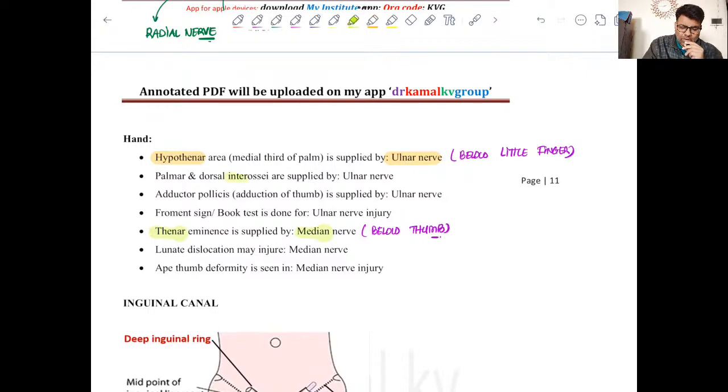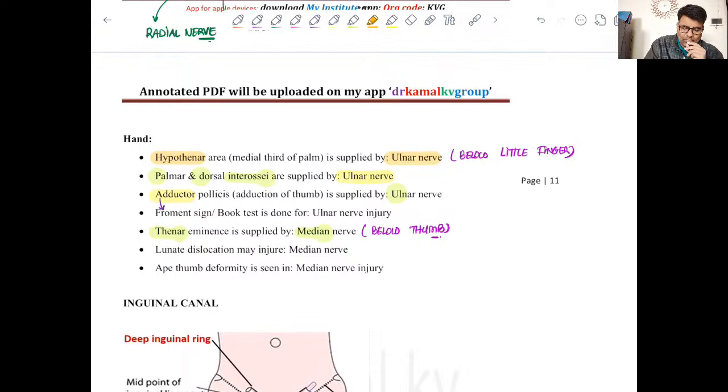Then there are two groups of interossei muscles, palmar and dorsal, and all are supplied by the ulnar nerve. Adductor pollicis muscle, which brings the thumb closer to the index finger, is supplied by the ulnar nerve, and this muscle is checked in Froment sign or book test.